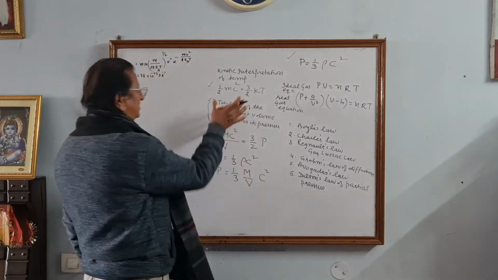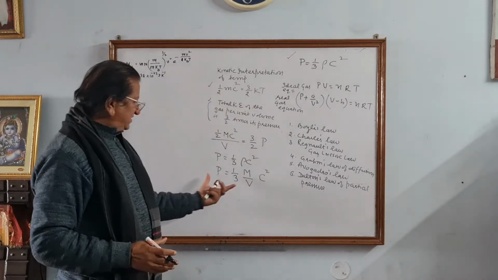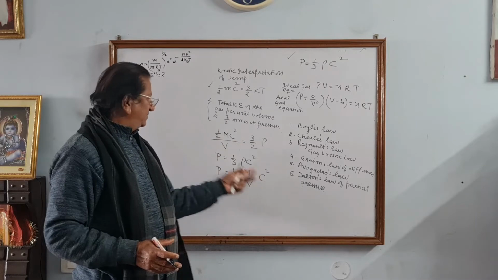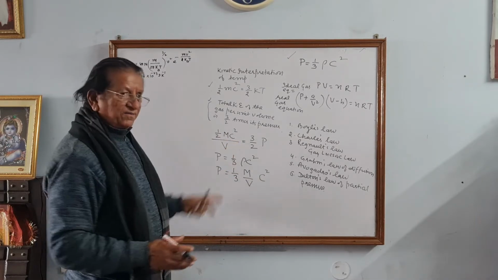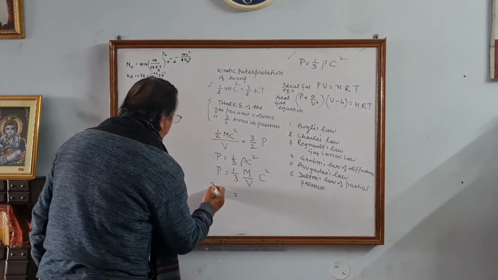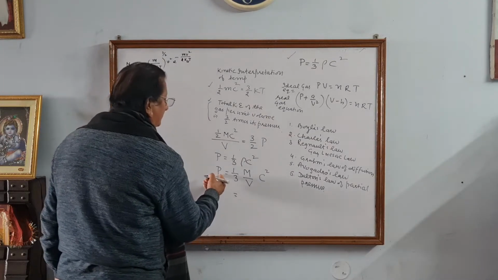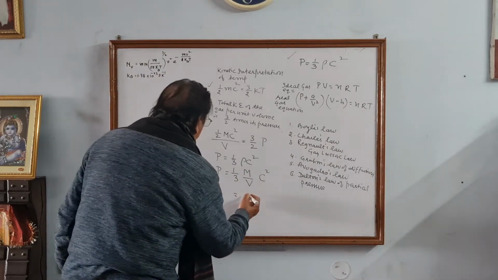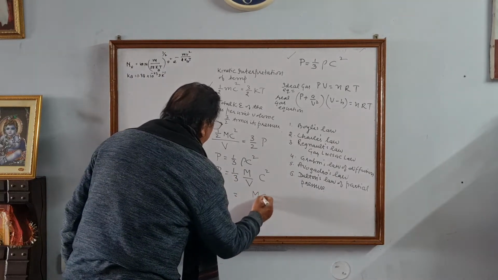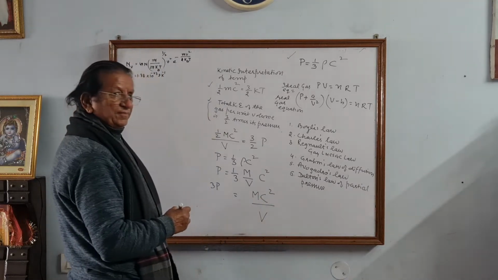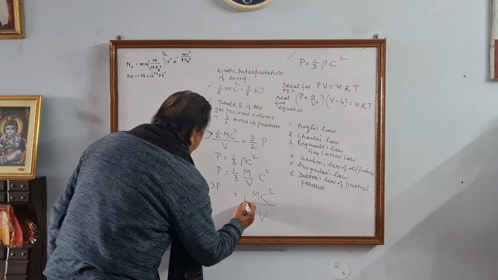Now you have to adjust this thing in this form. You have mc square, you want half mc square. So now take the 3 to the other side: 3p equals mc square by V. Then divide by 2, that is, multiply both sides by half.